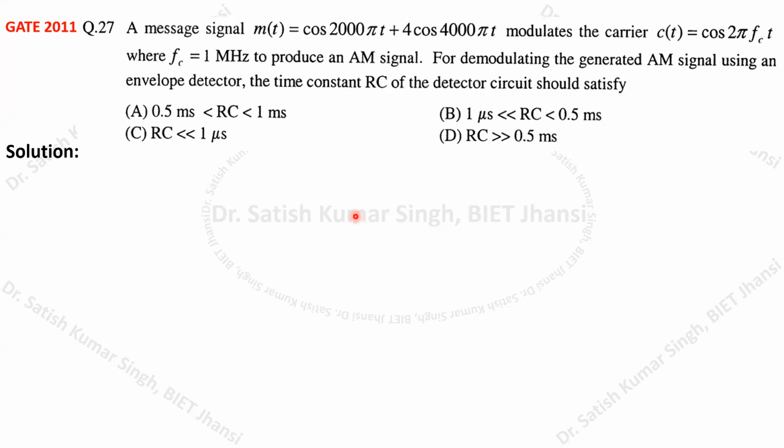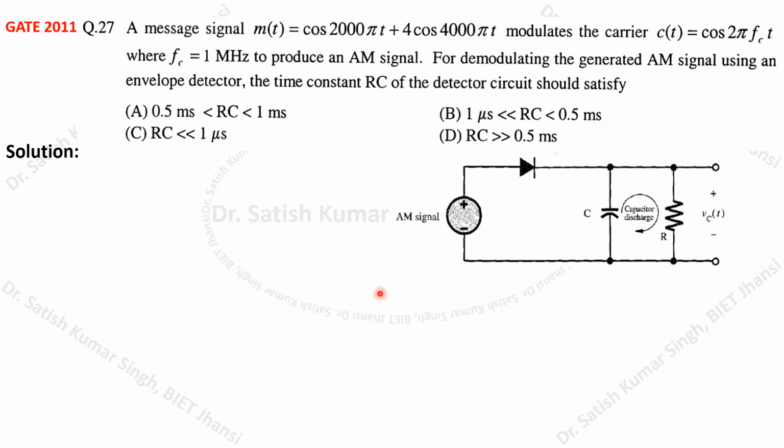Here we can see the envelope detector circuit. We apply the amplitude modulated signal here, and the output will be taken from this terminal. We have to find the discharging time constant of this envelope detector, R times C. As discussed in my lecture class, to ensure envelope detection of the AM signal, the circuit should satisfy a certain condition regarding the discharging time constant.